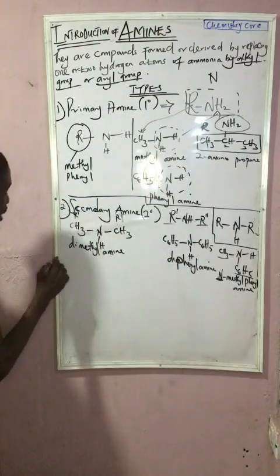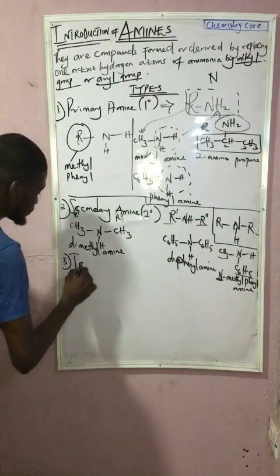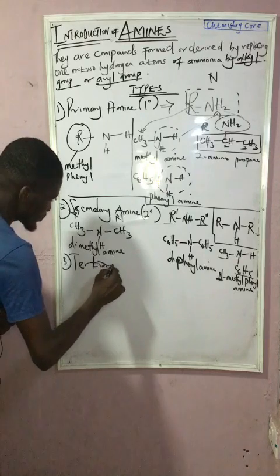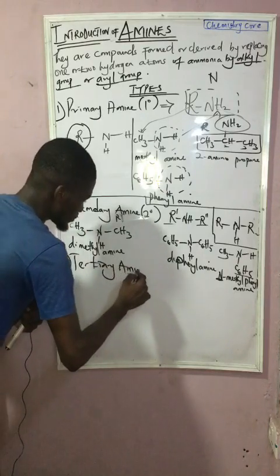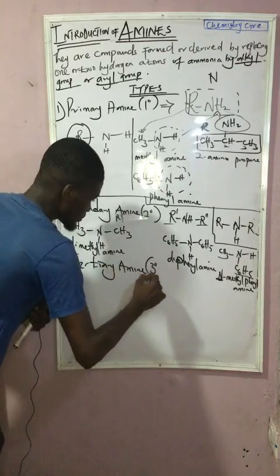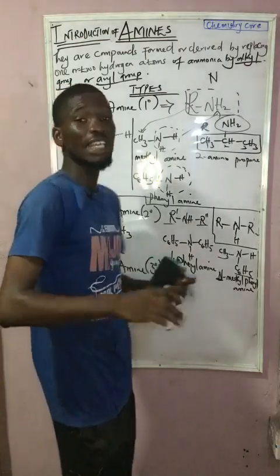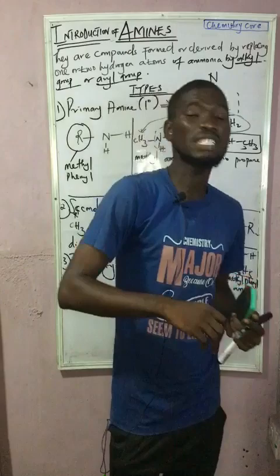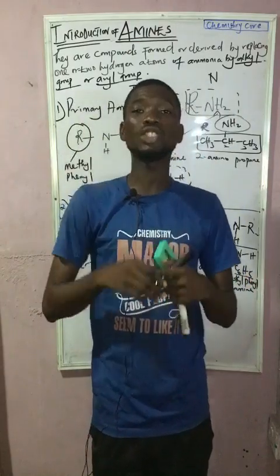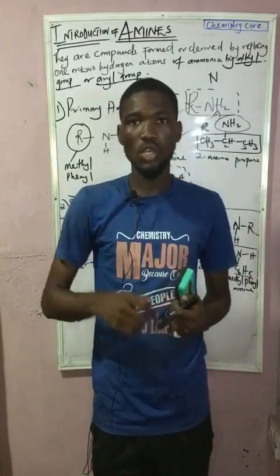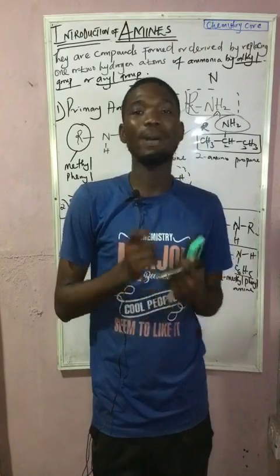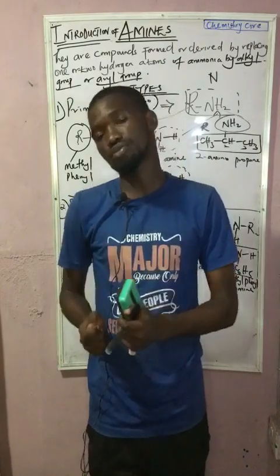So let's take the last one, which is a tertiary amine. When we talk about tertiary amine, it involves the replacement of all hydrogen atoms of ammonia by alkyl groups.